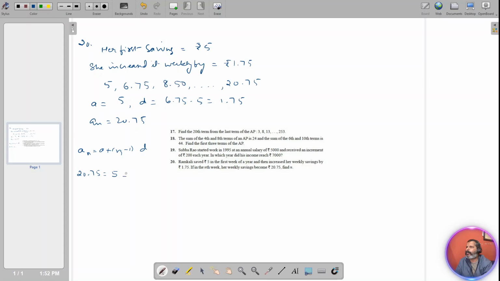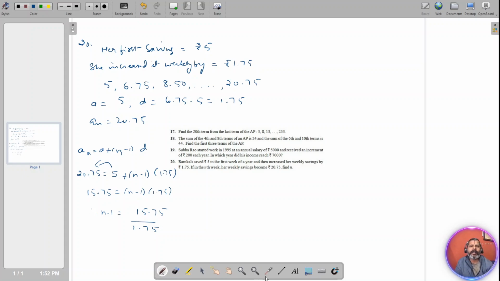A is 5 plus N minus 1, we don't know. D is 1.75. Only precaution is if they are decimal numbers, solve it thoroughly. So if I subtract 5 from 20.75, it will become 15.75 equal to N minus 1 into 1.75. Therefore, N minus 1 is equal to 15.75 by 1.75.